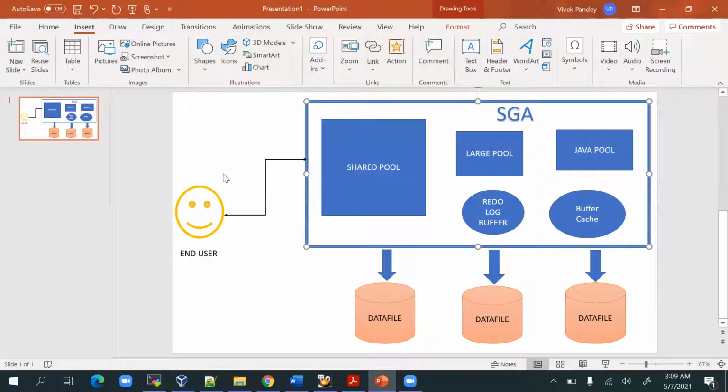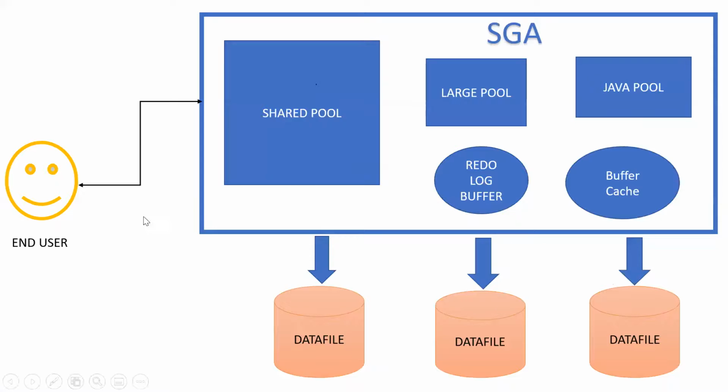Suppose you have one end user who wants to perform a certain database operation, and he has put some request to the database by logging in. In the background, the process will be something like this.